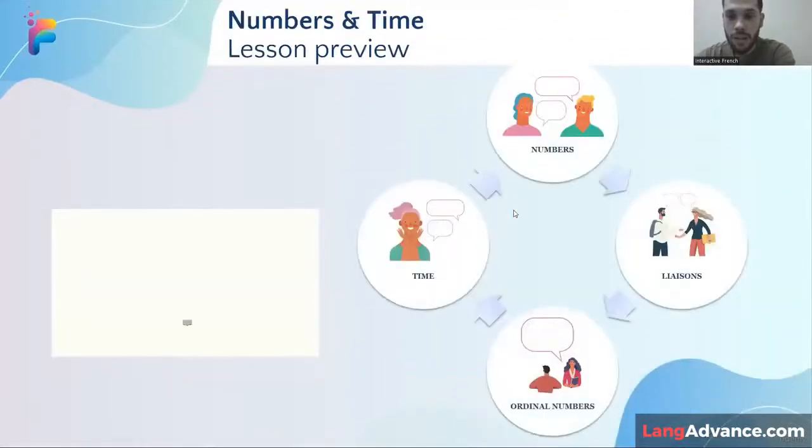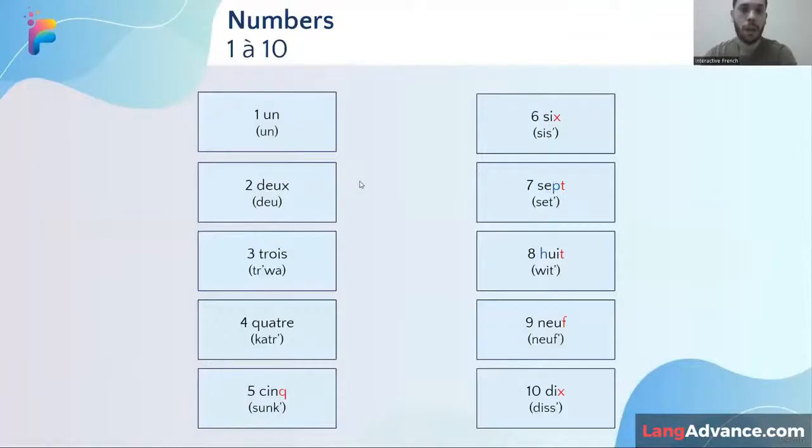All right, starting with the numbers from 1 to 10 first. So I will encourage you to repeat after me if you can. If you cannot, you have in phonetic language, underneath the numbers, the pronunciation so that you can train later at home or whatever.